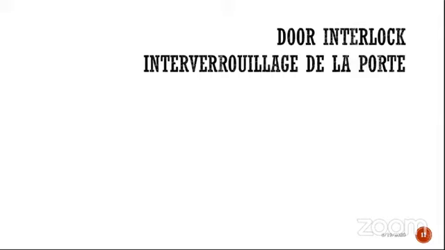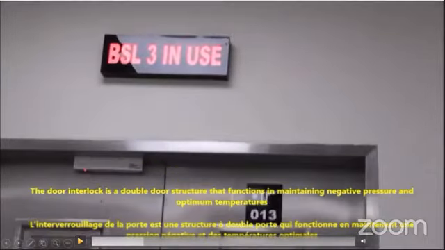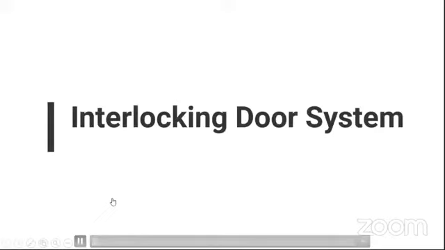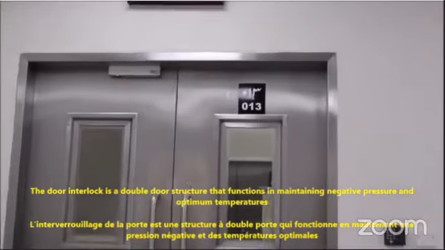Next component is the interlock door. The interlock door is a double door structure that functions in maintaining the negative pressure and optimum temperature.